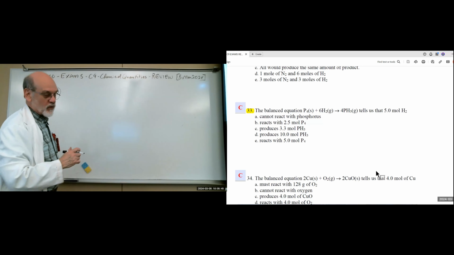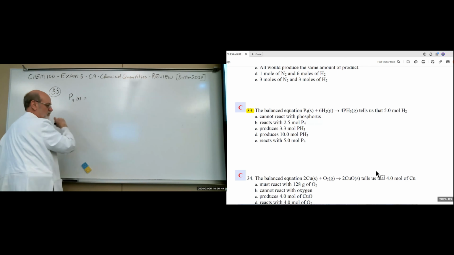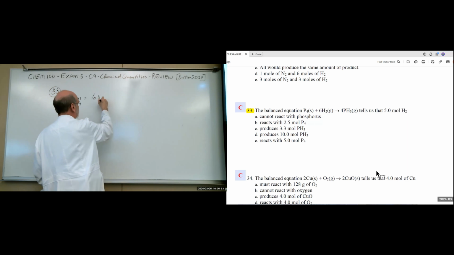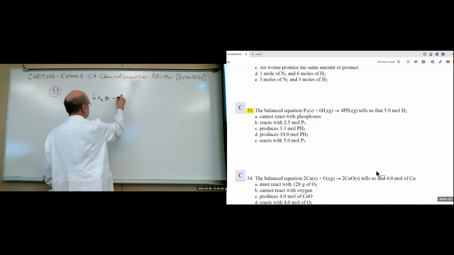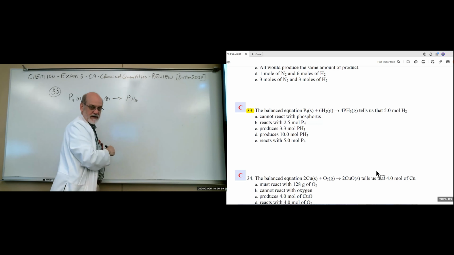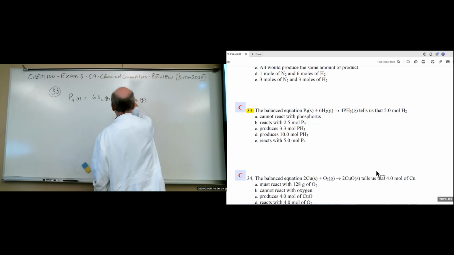All right, so let's write the equation first. P4 solid plus 6 hydrogen gas yields PH3, correct? Gas. Well, we need 4 of these.